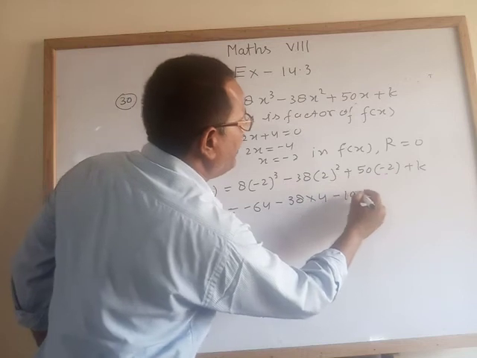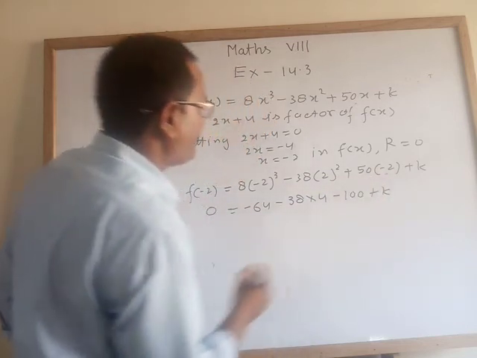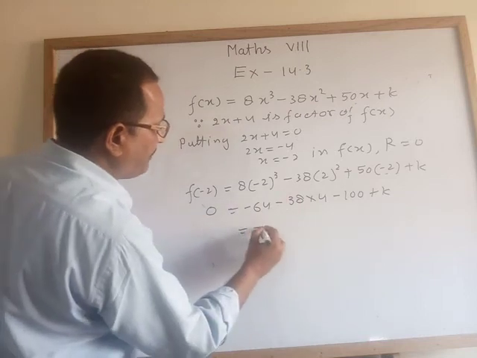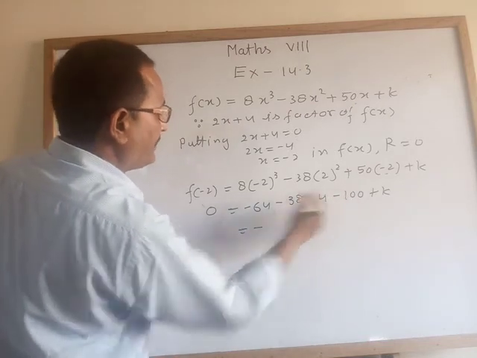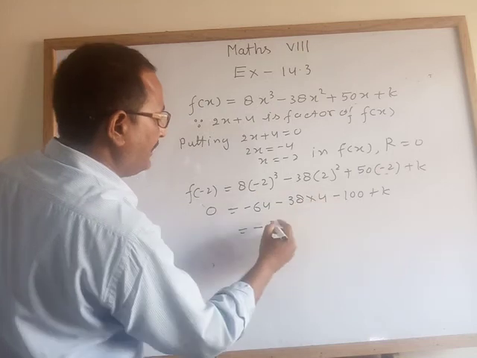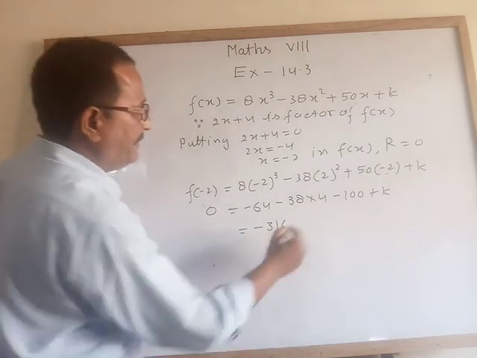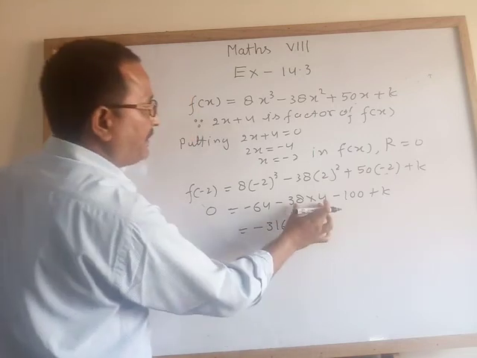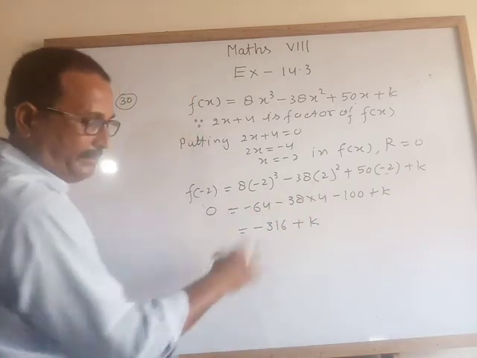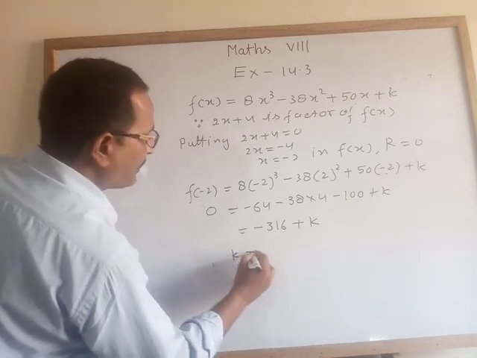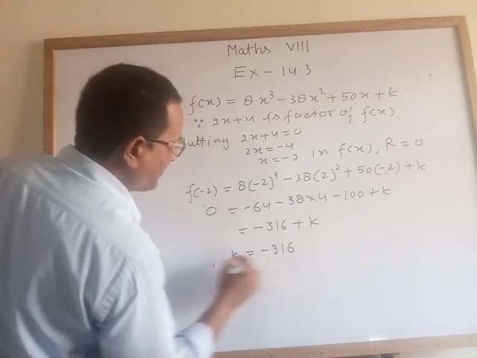Minus 100 plus k. You simplify this one, it is coming minus 100 minus 164, that is minus 316 plus k. Then k is equal to 316.